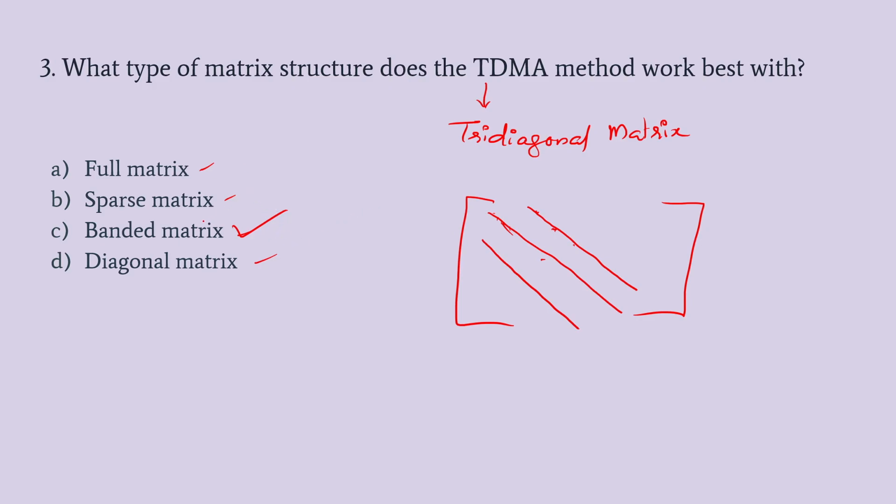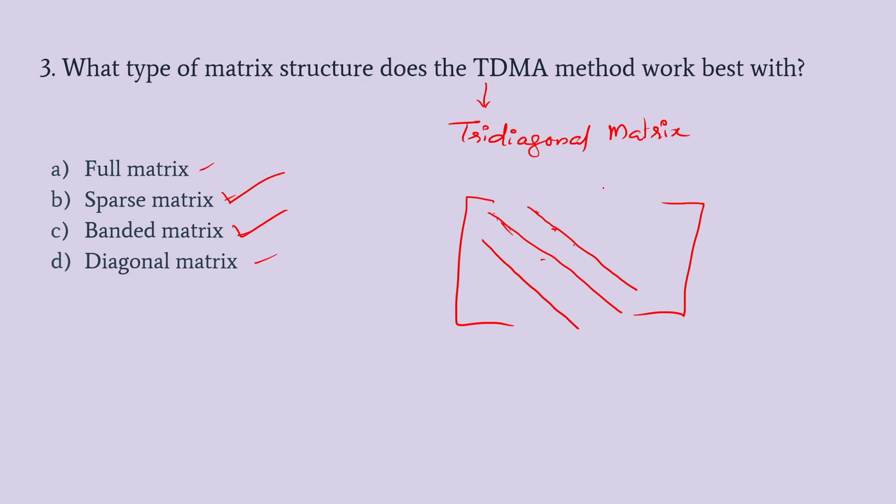Again, option B can also be chosen as an answer, because there are elements only on three diagonals, and it can be a sparse matrix.